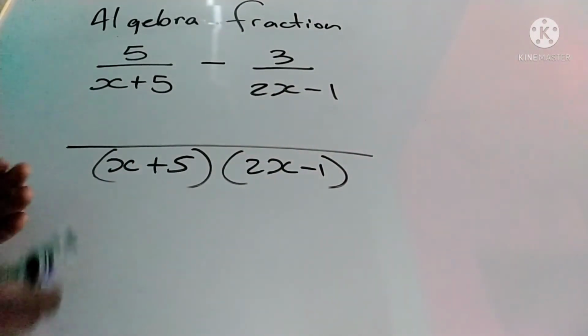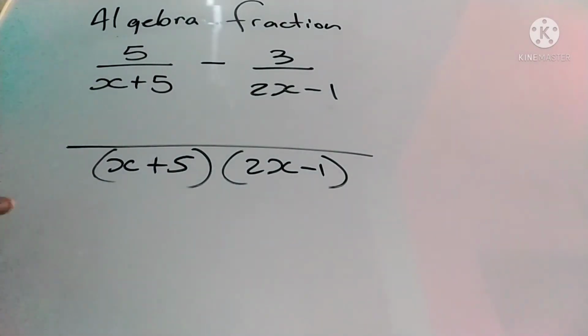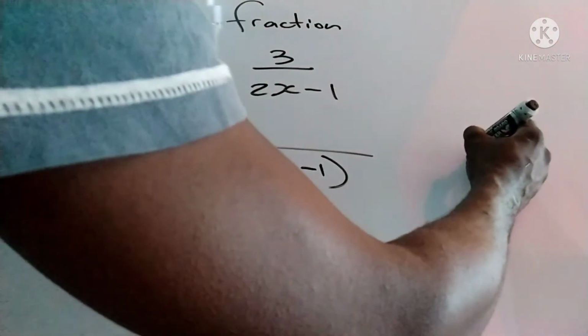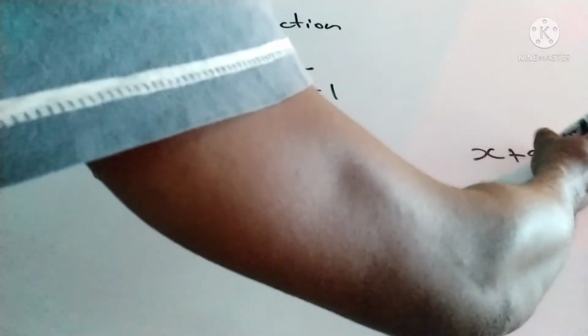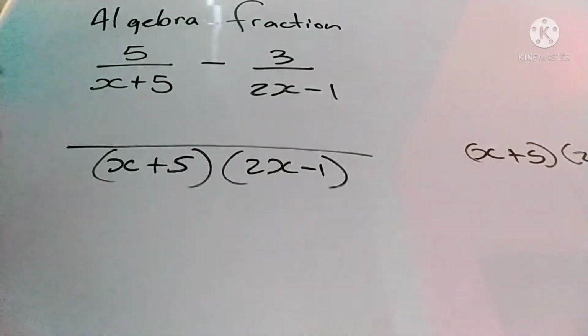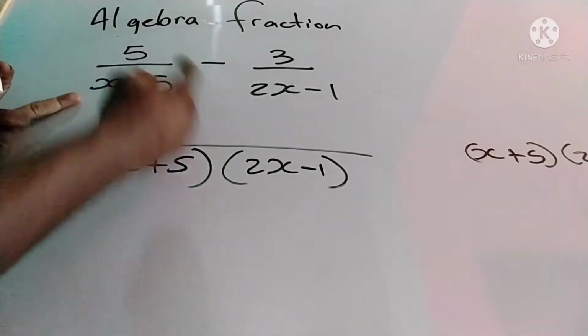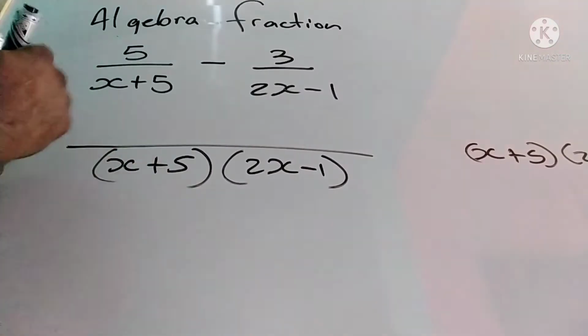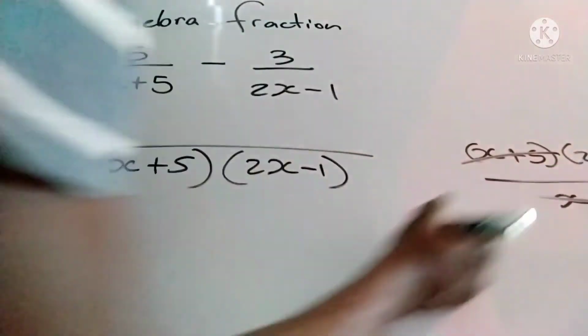Because the point is that we want to divide. So if we set up the thing over here, we're going to deal with our division. So we're going to say x plus 5 into the LCM. Into means that we're going to divide by x plus 5. So you could see that it cancels itself.